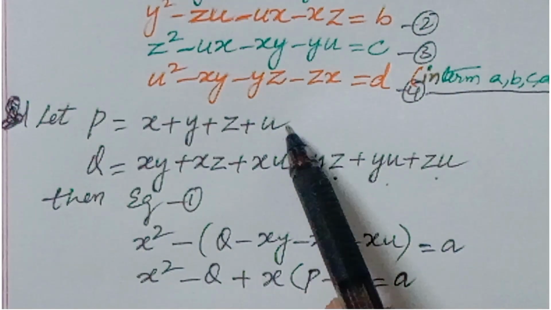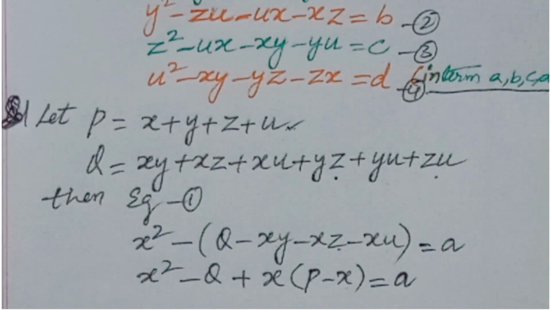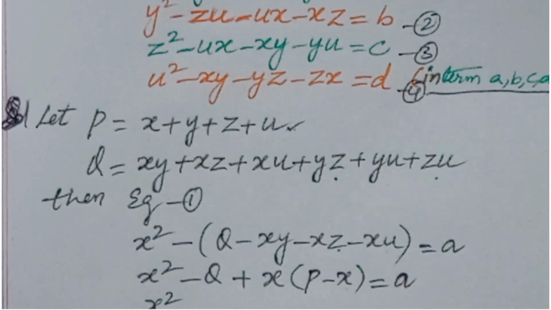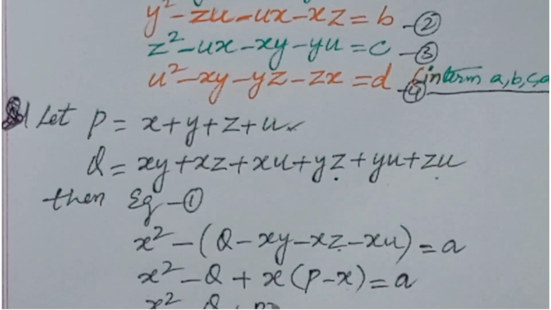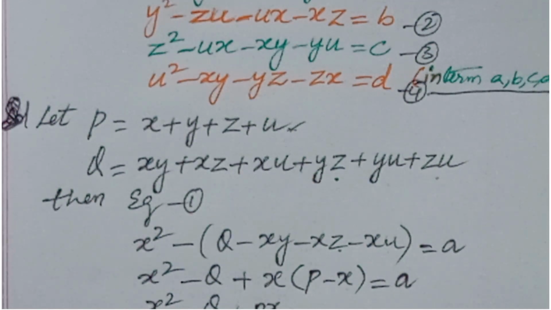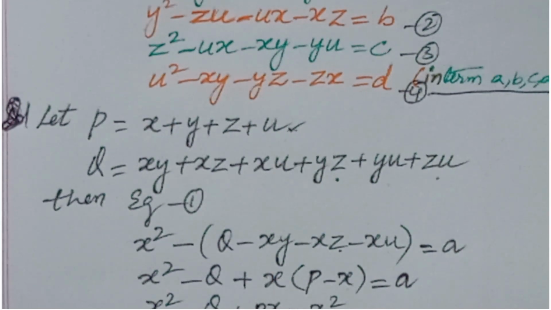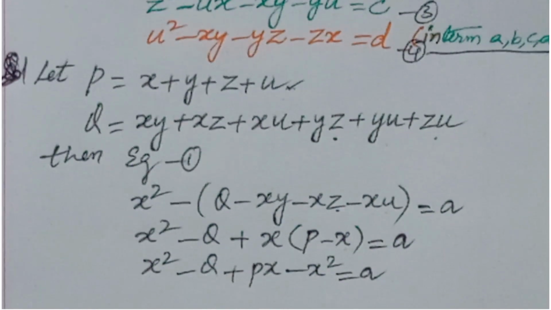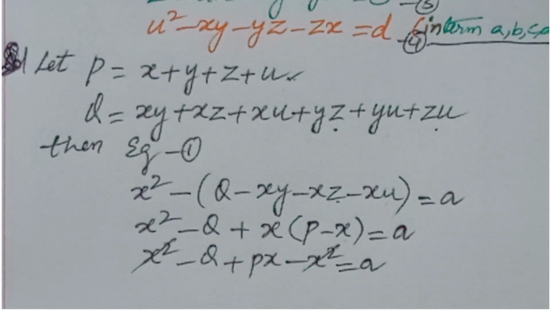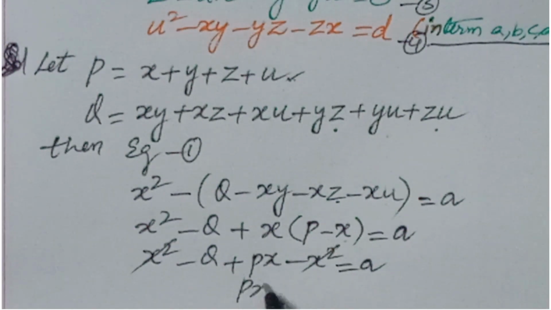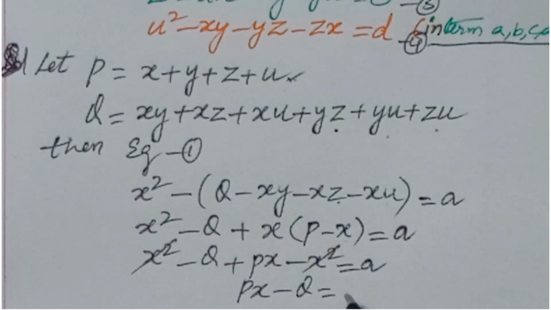So x² − q + px − x² equals a. The x² cancels, so px − q equals a.